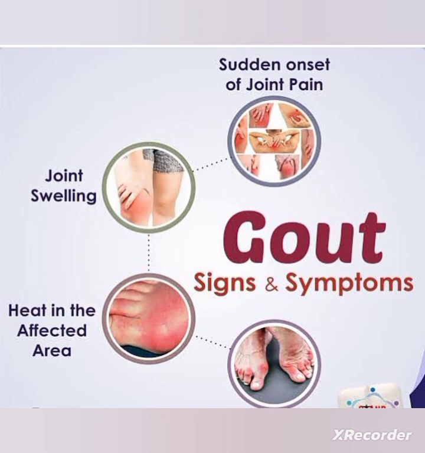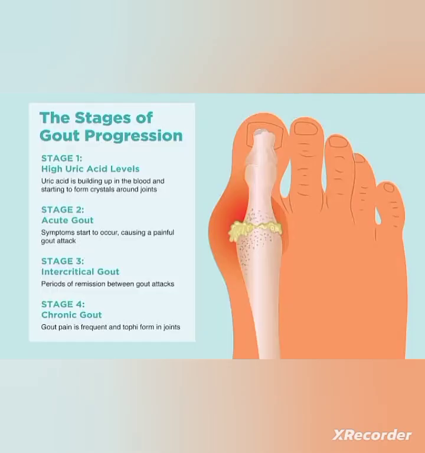Chronic inflammation may result in joint deformity, and cartilage destruction may predispose the joint to secondary osteoarthritis. The stages of gout progression. Stage 1, high uric acid level or hyperuricemia. Here the uric acid level is increased in the blood and it may also accumulate in the joint.